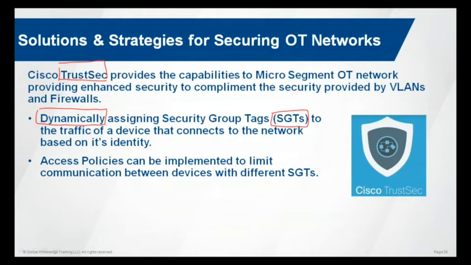And then you will need a centralized policy that will dictate how intercommunication between those cells, or intra-communication within those cells, will take place. I don't need to worry too much about the VLANs anymore. Even though we are not getting rid of the VLANs, TrustSec is complementing the VLANs.